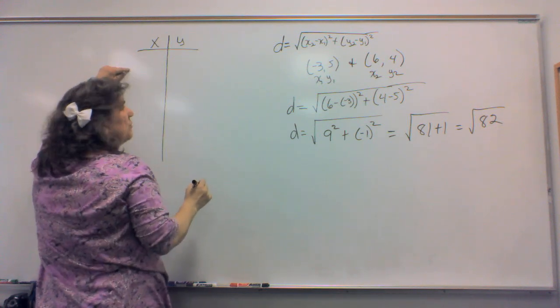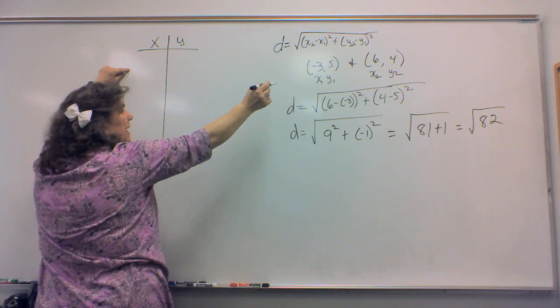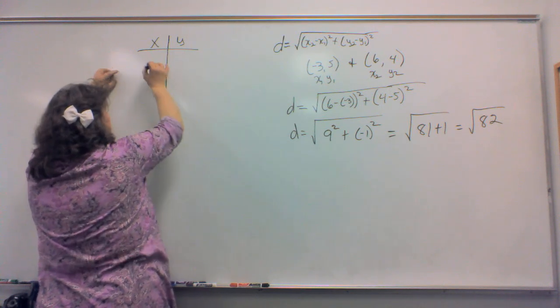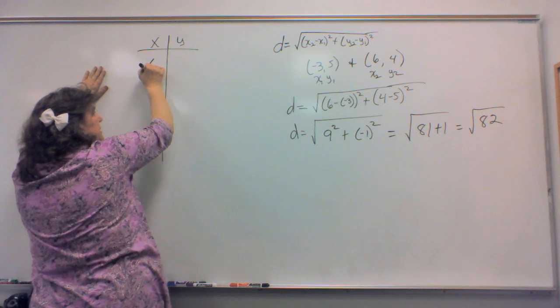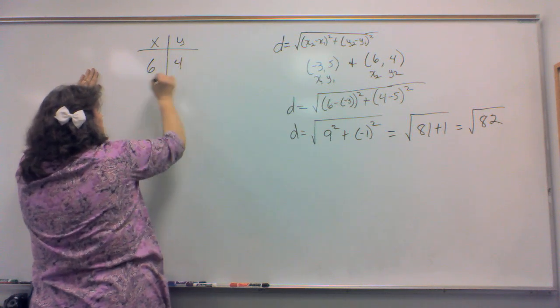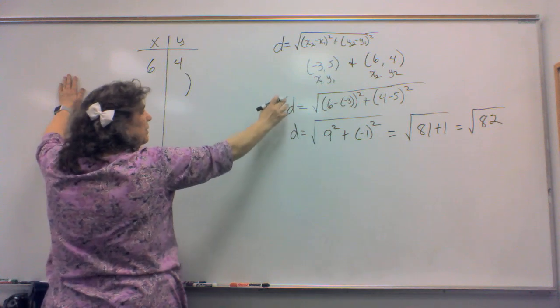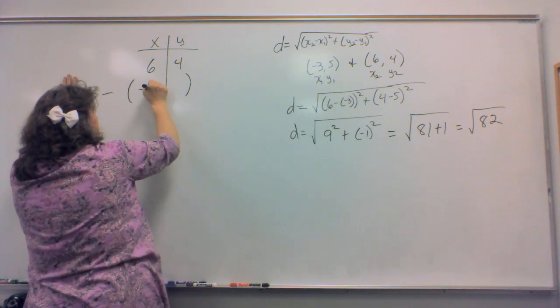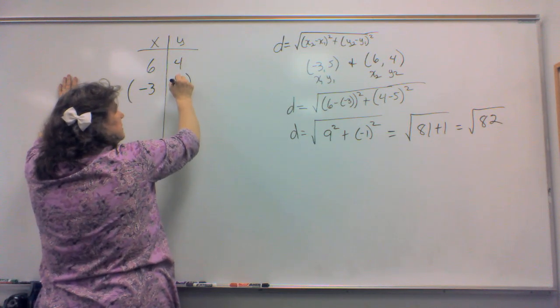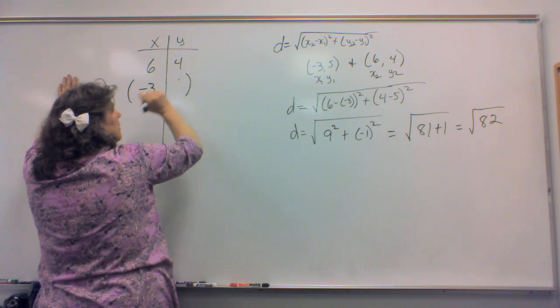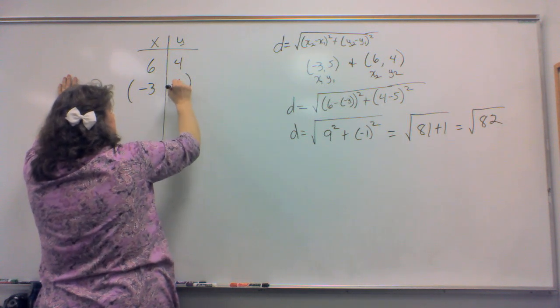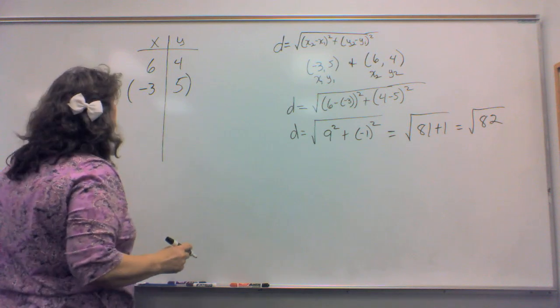So first of all, we're going to start with our X2, Y2. So my X2, Y2 is 6 and 4. Minus, and then put in parentheses, your X1, Y1, which is -3 and 5. Okay? Gotta read my numbers right.